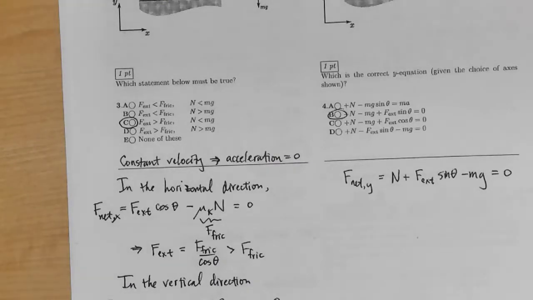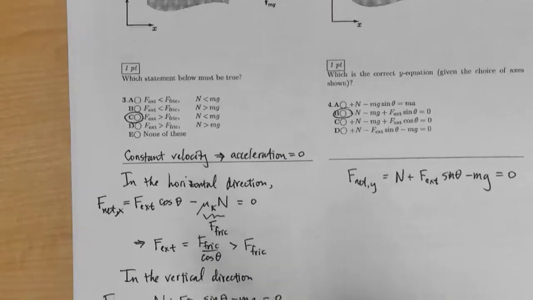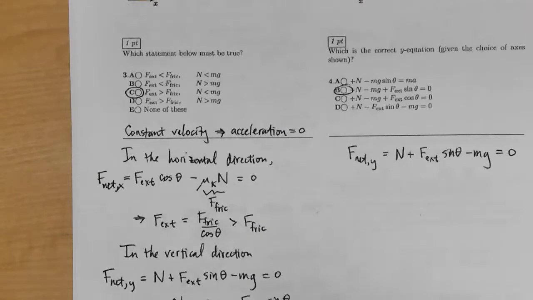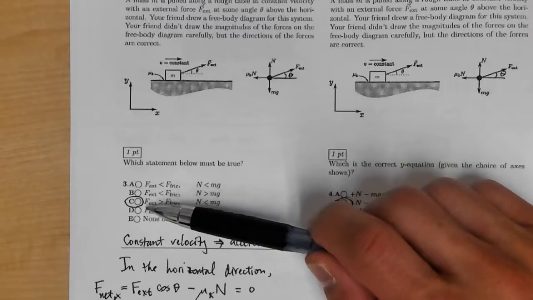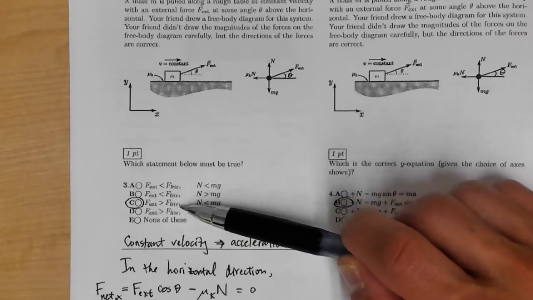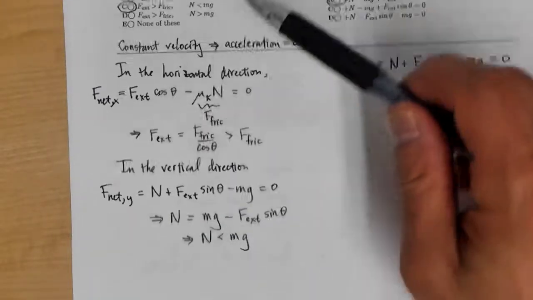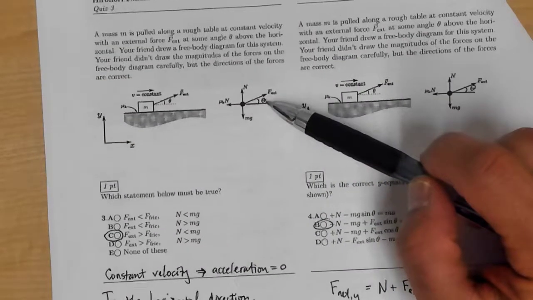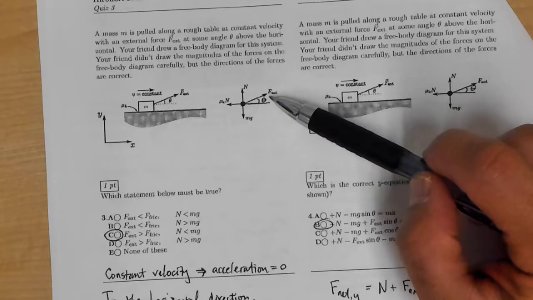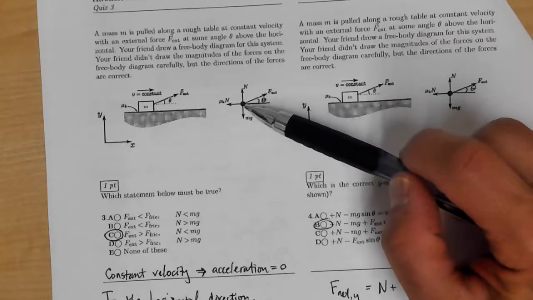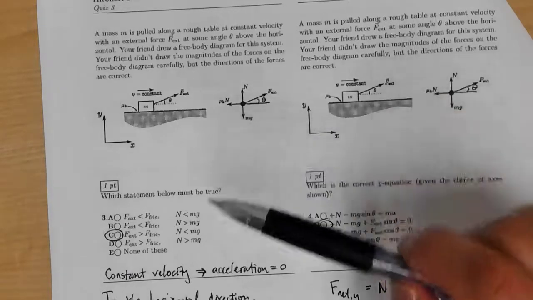But this angle is non-zero, so if I divide by cosine of theta, which is a number less than 1, we'll get something that's greater than the force of friction. So the external force must be greater than the force of friction. Now in the vertical direction, we have the component F external times sine of theta, the normal force, and the gravity force going down.